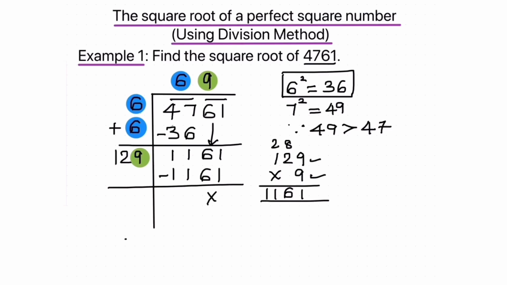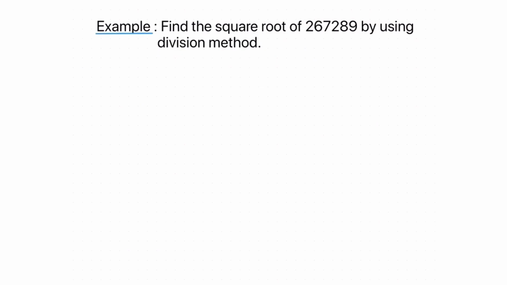Therefore, the square root of 4761 is equal to 69, which is our quotient. This means that when you multiply 69 by itself, you get 4761.